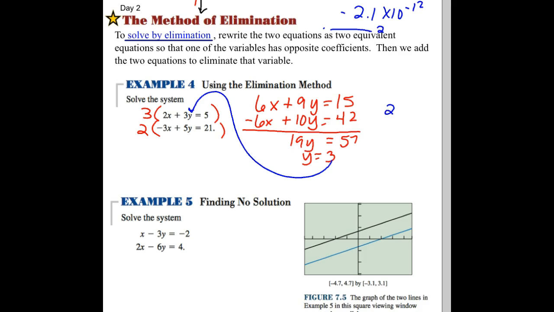So we have 2 times x plus 3 times 3, which is 9. Solving that, 2x would have to be negative 4, so x would have to be negative 2. So my solution to the system is the ordered pair negative 2, 3. Okay. We won't take time to graph that.